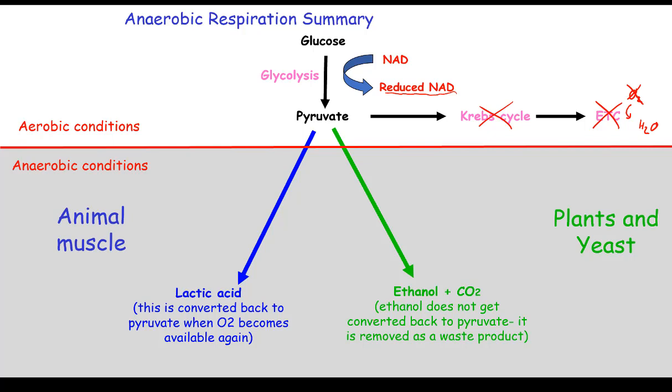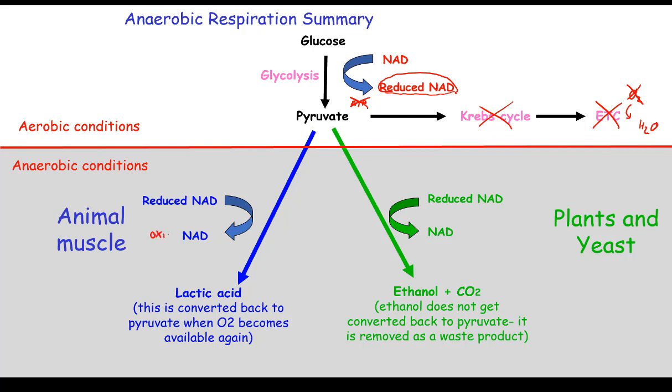Now, as I say, if this reduced NAD builds up, we can't get ATP later on. So what we need to do is somehow try and oxidize this NAD. So what happens here is, as the pyruvate is getting converted to lactic acid, the reduced NAD gives up the hydrogens that it picked up and it becomes this oxidized NAD.